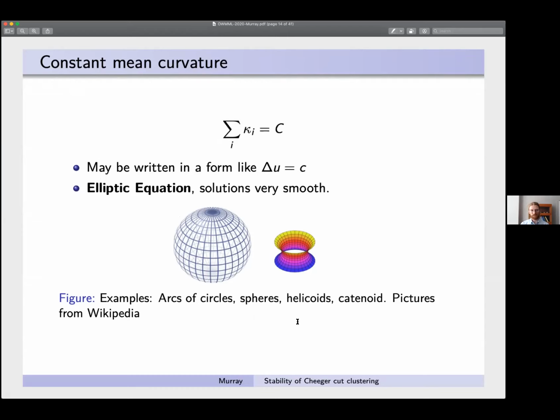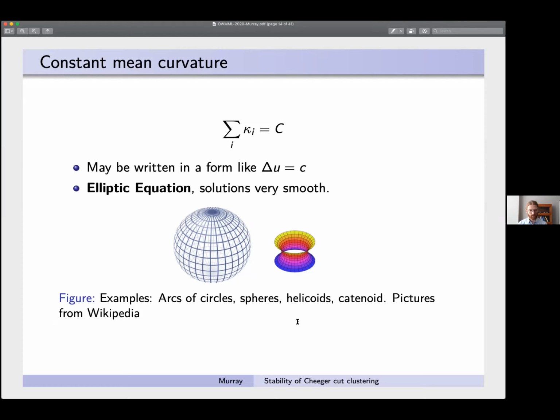Just like solutions to elliptic equations, Laplace U equals a constant or a smooth function, solutions to the constant mean curvature equation have to be very smooth. At any point where they're once differentiable, they have to be infinitely differentiable, and the set where they're not C1 is very small, and in low dimensions it can't even happen.